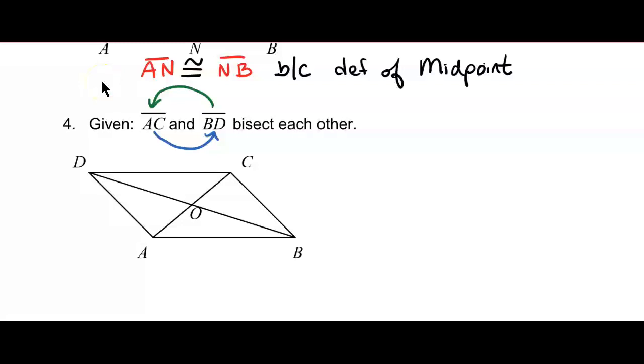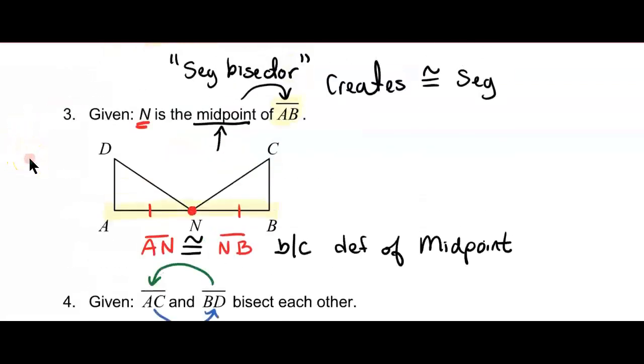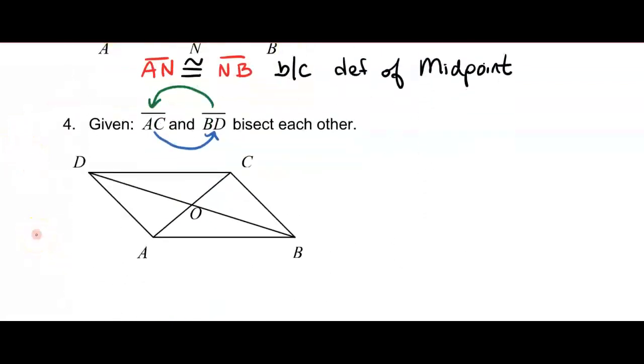Because what is being bisected? The segments. And what did I say we should write under midpoint? That it is also a segment bisector. So when we have segments bisecting each other, these are the same action steps as a midpoint. Because when segments bisect segments, they are creating congruent segments.